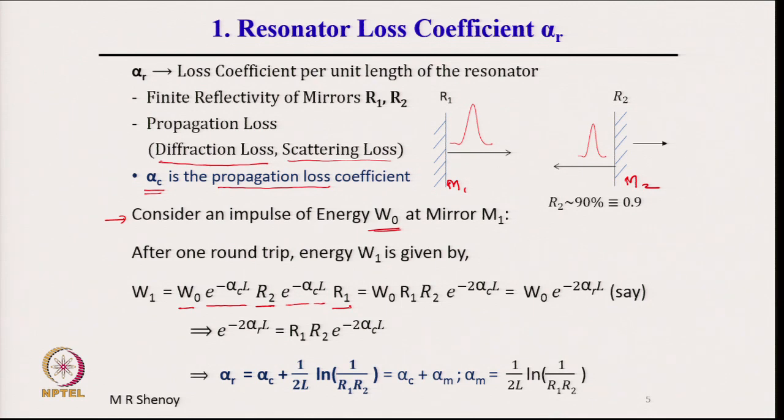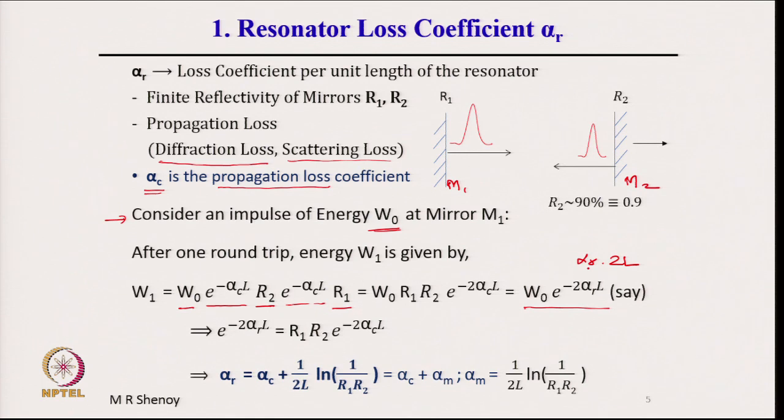So, in one round trip we have two reflections and two propagation loss terms, and therefore W 1 is equal to W 0 into R 1 into R 2 e to the power of minus 2 alpha c into L. This we can call W 0 into e to the power minus alpha r into 2L, where 2L is the total round trip propagation distance.